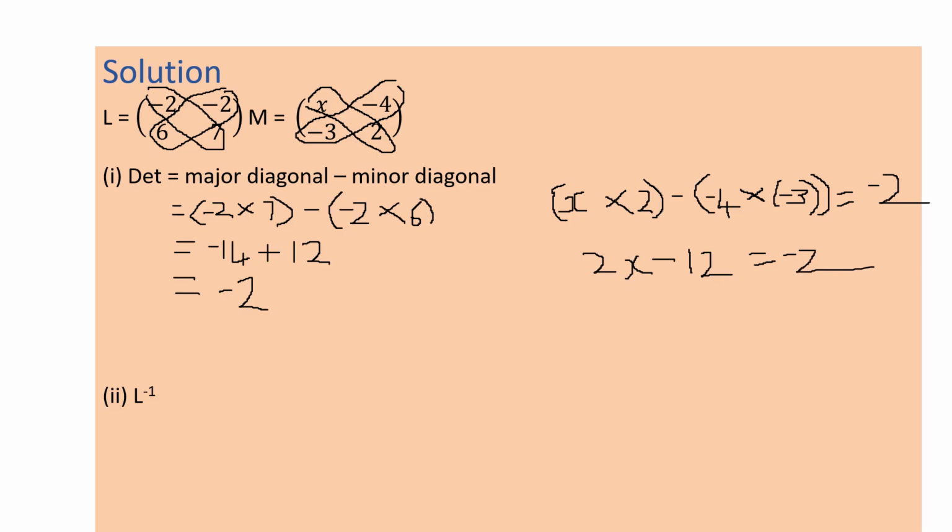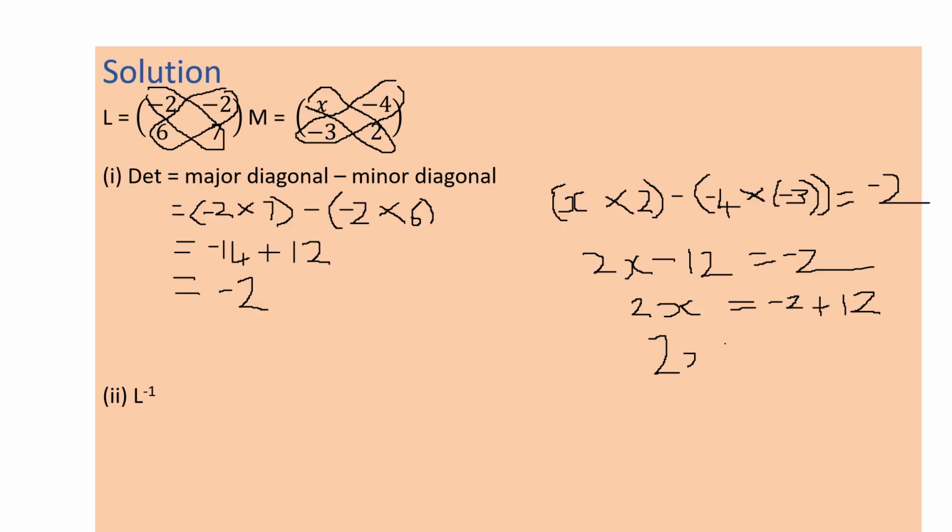Then let's collect the like terms. So leave 2x to the left side, and you say equal to -2 plus 12. If we collect the like terms and find the additive inverse of -12, that is +12, which will be at the right side.